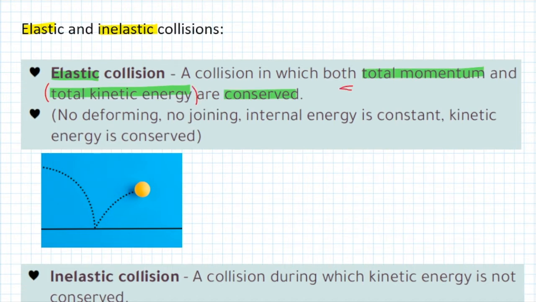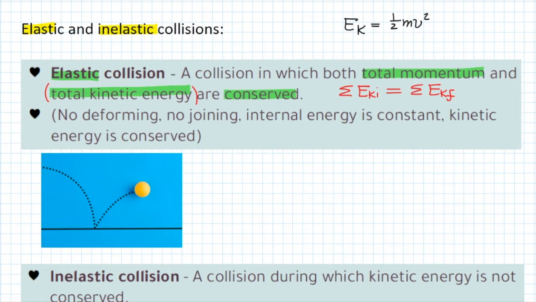We say that the sum of the kinetic energy directly before the collision is going to be equal to the sum of the kinetic energy directly after the collision. Remember that to calculate kinetic energy, we say half mv squared.